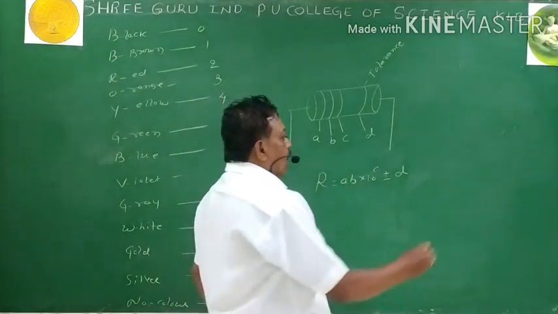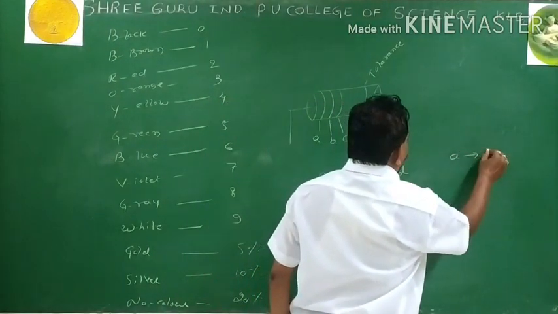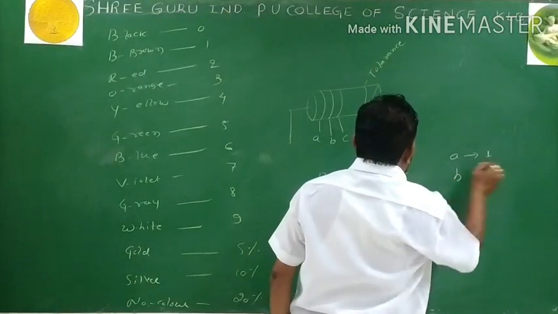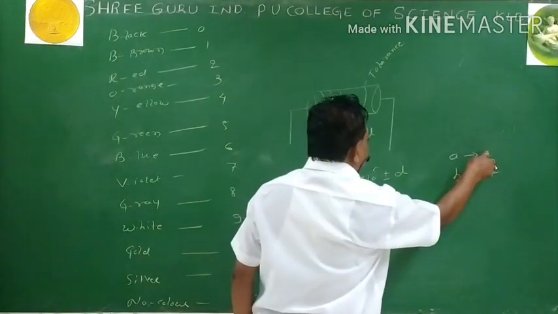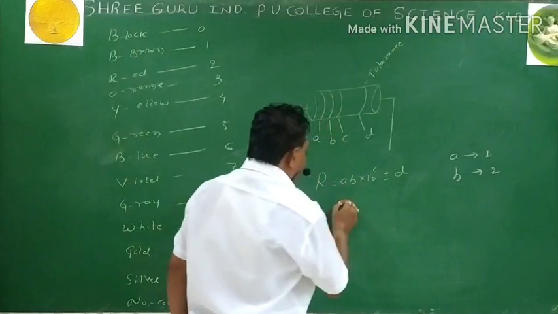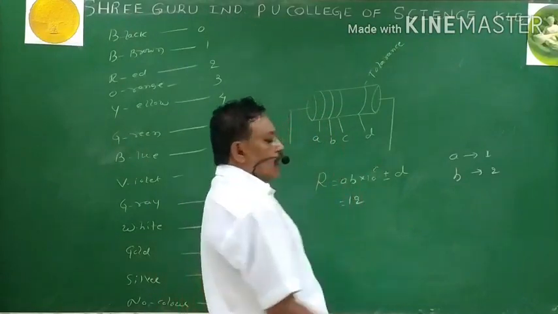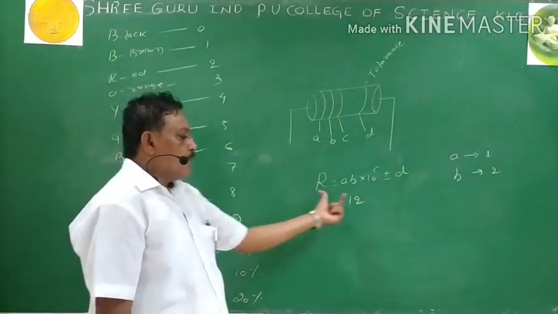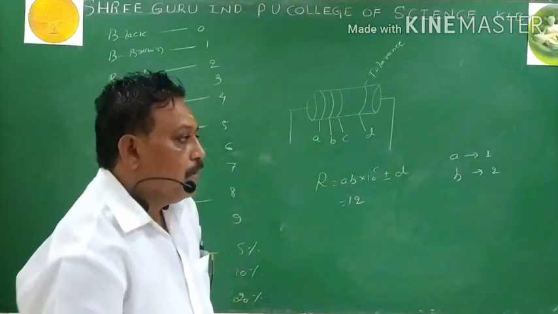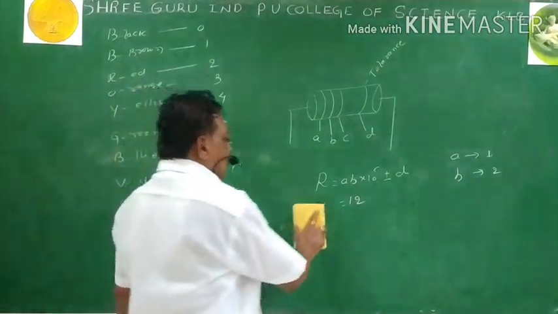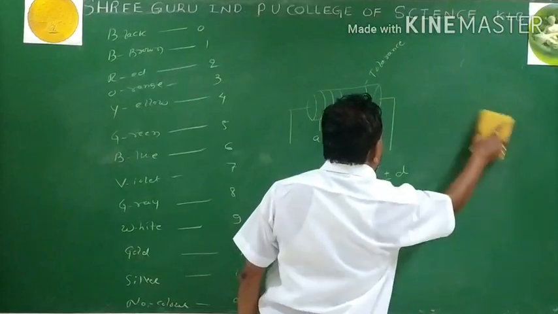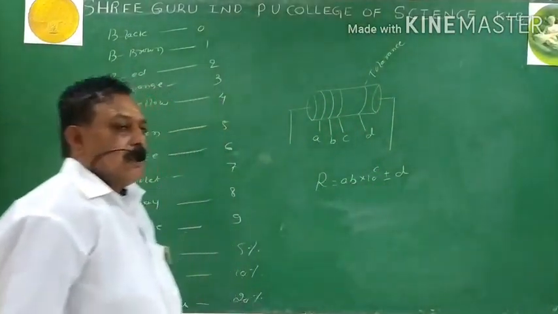For example, A is 1, B is 2. If I put it in the equation, I cannot multiply 1 into 2 as a 2, but I have to write 12 together. So by using this equation, I want to recognize the value of the given carbon composition resistor.